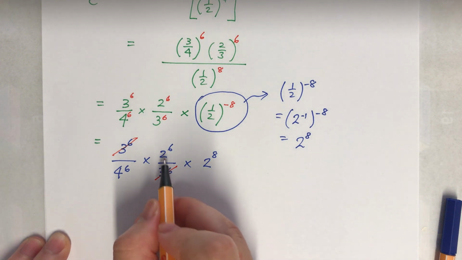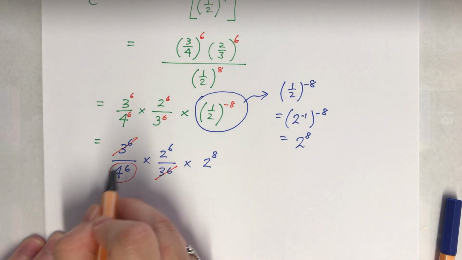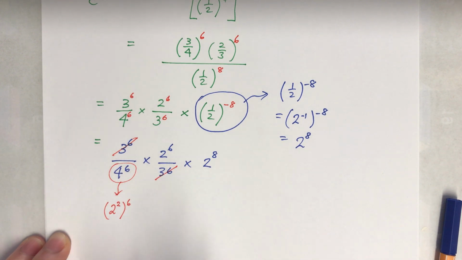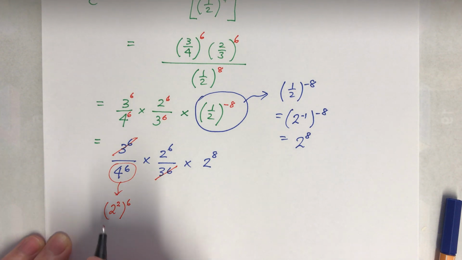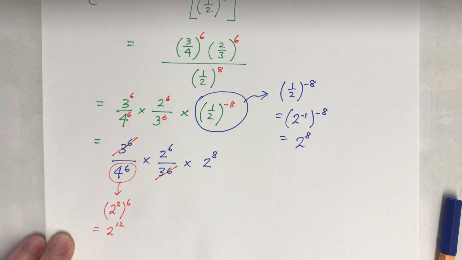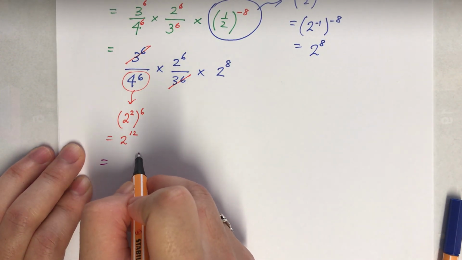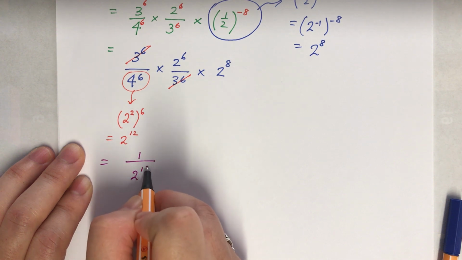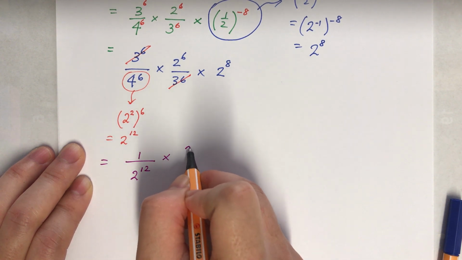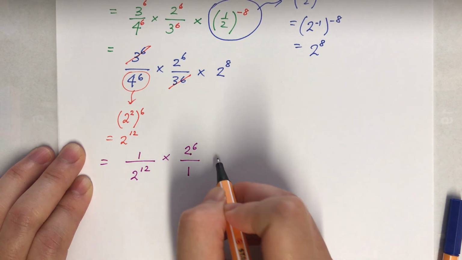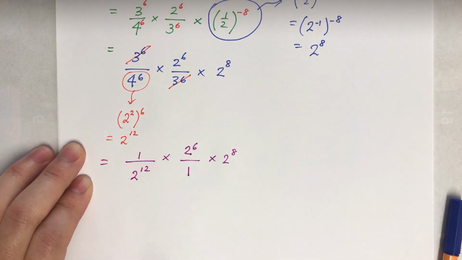Okay, now this one we can also rewrite 2 to the power of 2 times, because 4 is 2 squared, which gives me 12. Okay, so I'm going to do 1 over 2 to the power of 12 times 2 to the power of 6 over 1 times 2 to the power of 8.